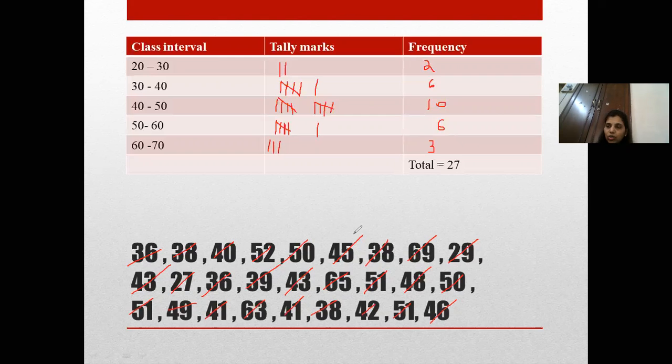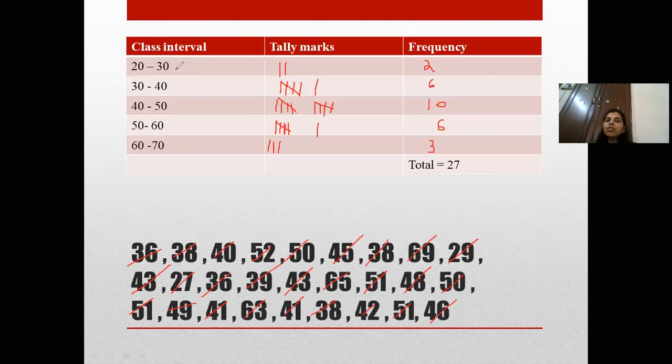But if it is continuous, then remember that wherever the number 30 is coming as the upper limit in a class interval, if you have 30 and you have to put tally marks, you have to put it where it is the lower limit, where the class interval starts. You will be placing 30 there, because the previous class is ending at 29. Though it's written 30, it is still 29 only, the previous number, where it ends.